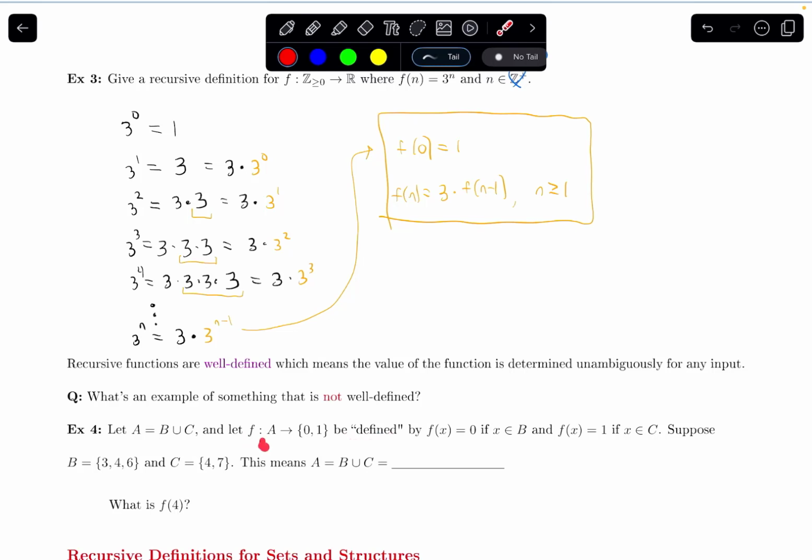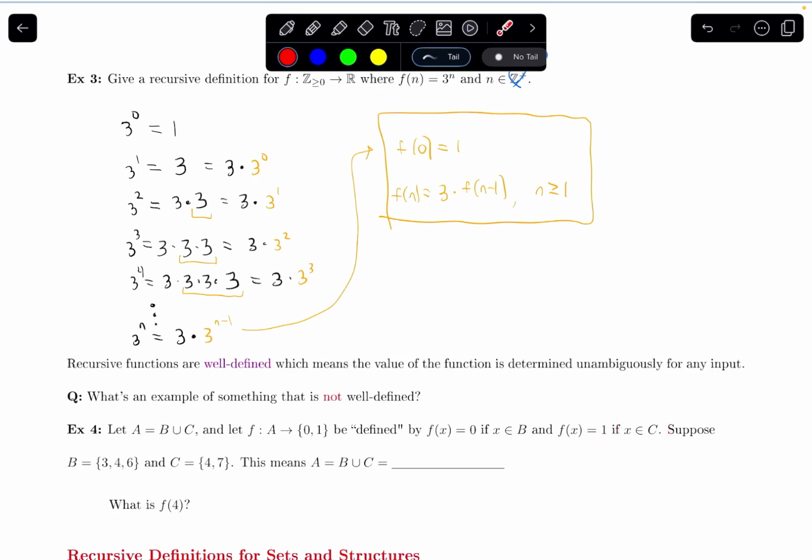Let's say its domain is A, and its codomain, I want it to be the set that just contains 0 and 1. So only 2 elements in this codomain. And I'm going to try to define, and that's why I'm putting in quotes, this by saying f of x equals 0 if the input is in B, and f of x equals 1 if the input is in C.